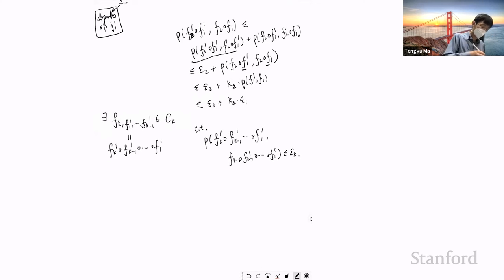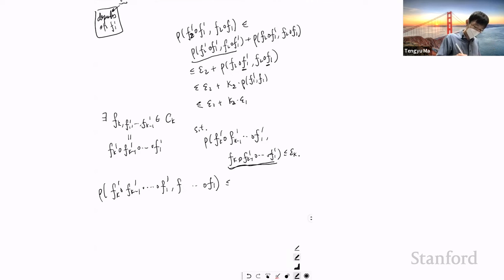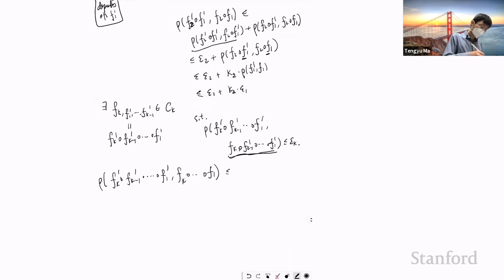And then you have to see why this is a good thing for the original one. This is not actually what you really care about. You care about fk composed with fk minus 1 up to f1. You don't care about the prime. This is the thing that you really care about, and you want to show this is small. How to do this? You expand this into multiple terms.